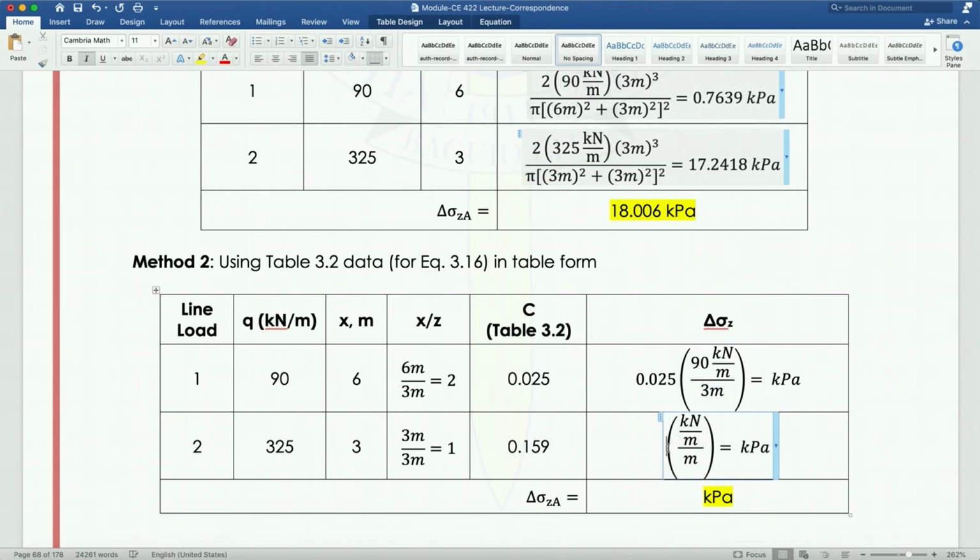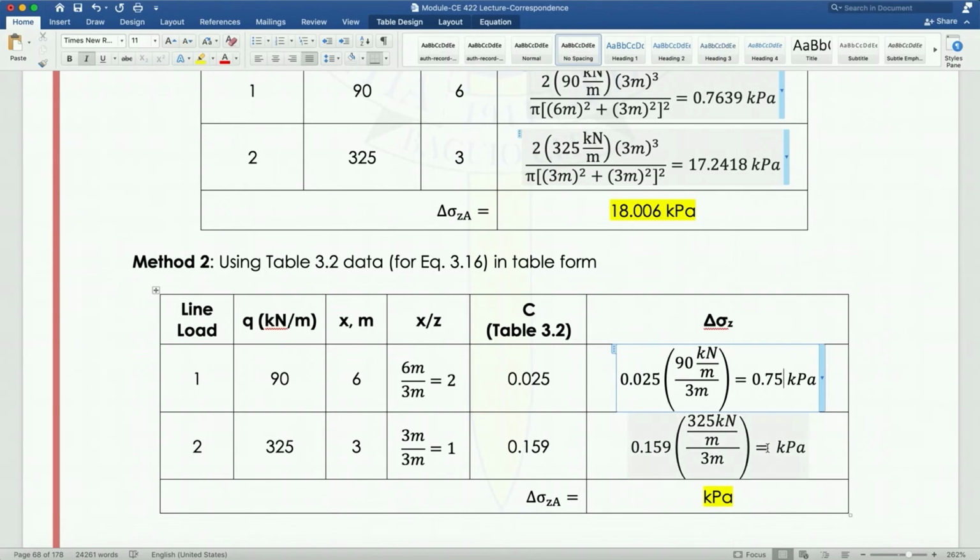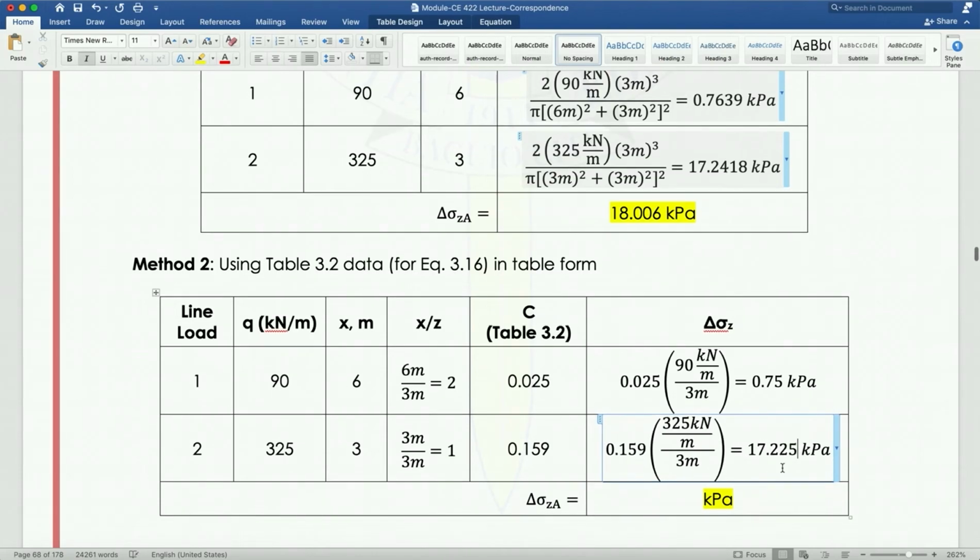Then dito naman we have 0.159 times 325 divided by 3. Okay, so ang lalabas dito is 0.025 times 90 divided by 3 is 0.75. Okay, next we have 0.159 times 325 divided by 3 is 17.225. Tama ba?